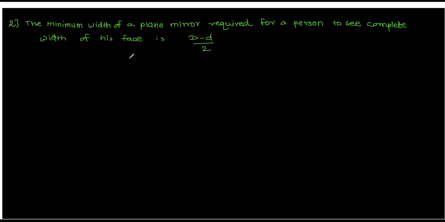What is capital D here? Capital D is the width of his face, and small d is the distance between his two eyes.